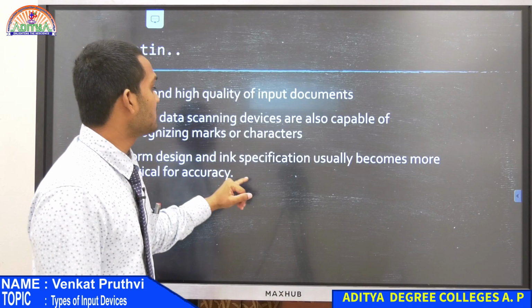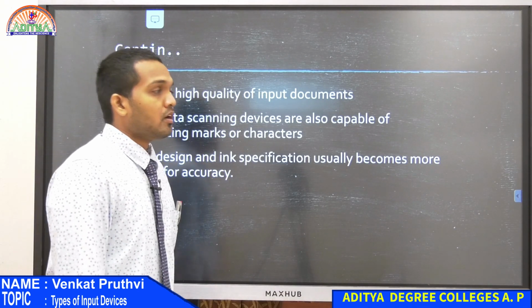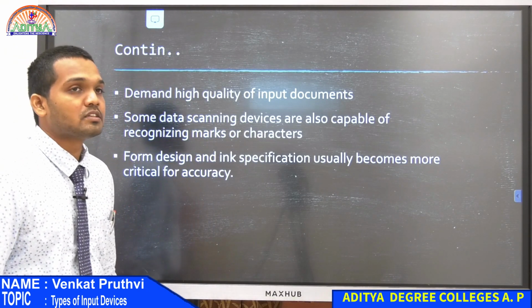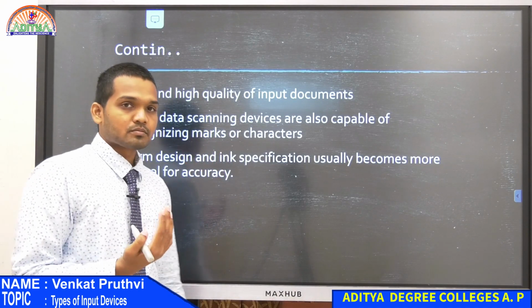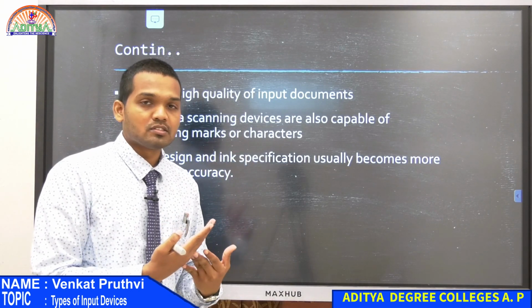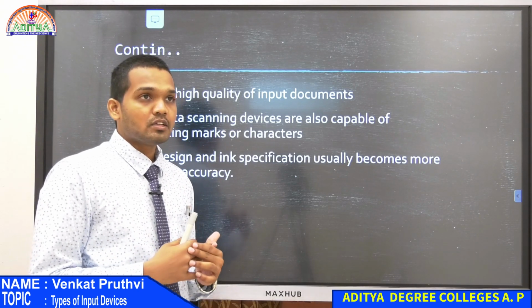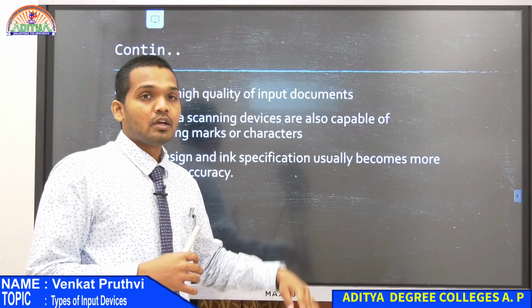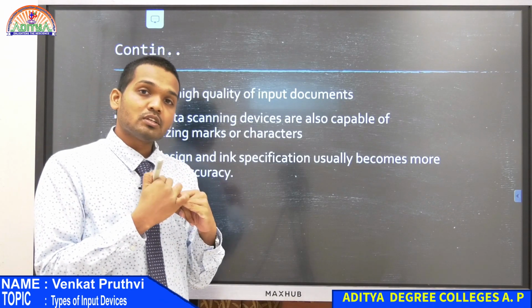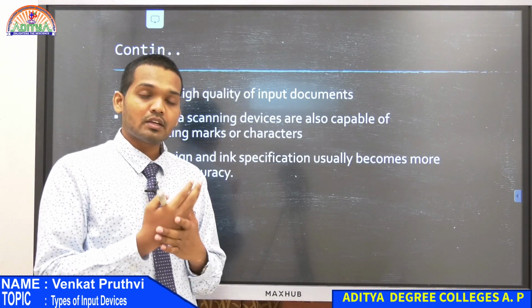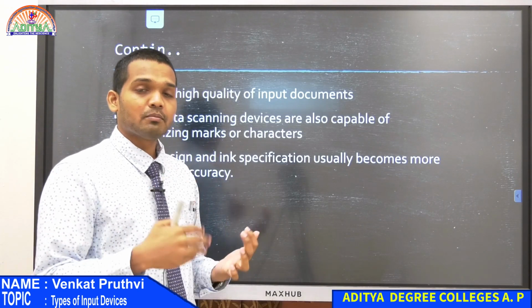Then the form design and ink specification usually becomes more critical for accuracy. Form design and ink specification means, now we were talking about the quality and the output accuracy, right? In order to get a better quality or better accuracy than what is given in the input, you should have a very high quality scanner, and the ink that is being used inside the scanner should be of very high quality.